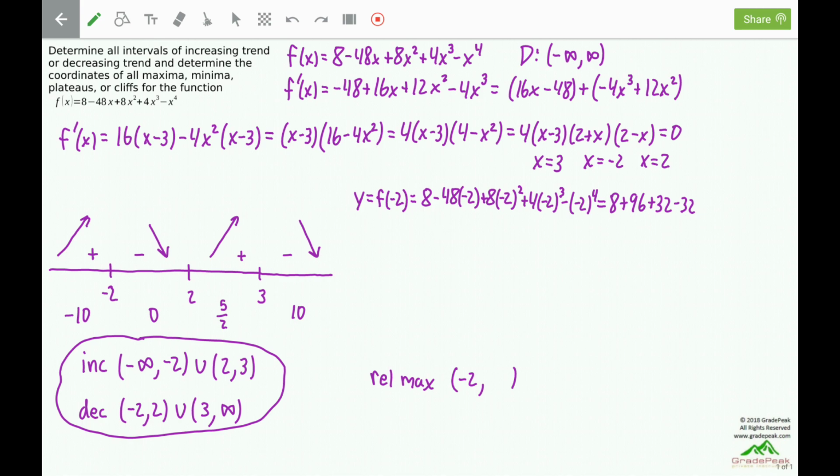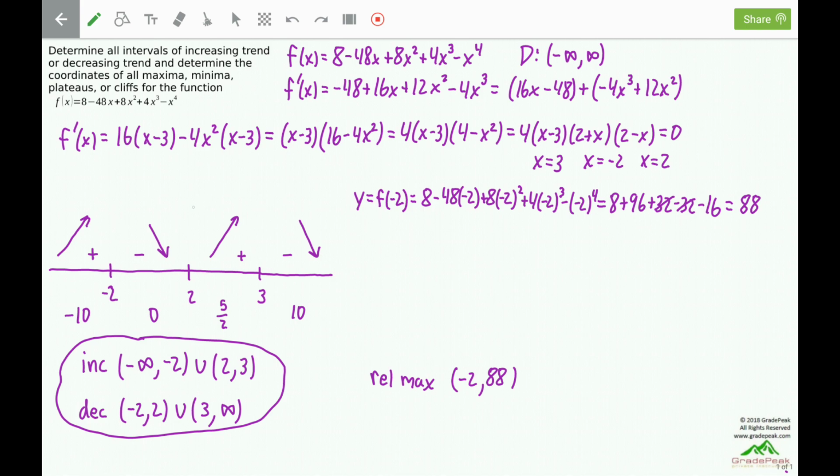And a negative 2 to the 4th will be a positive 16 times the negative will be a negative 16. The 32's can cancel. 96 minus 16 is an 80, and then add the 8 on is probably the easiest way to combine them. And that will give an 88. So there's a relative maximum at negative 2, 88.